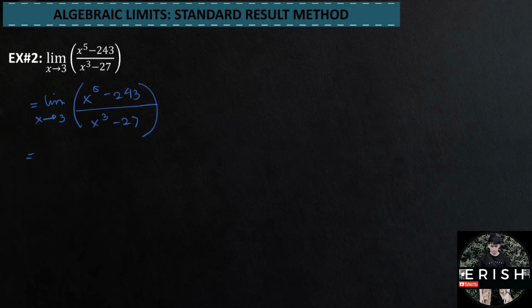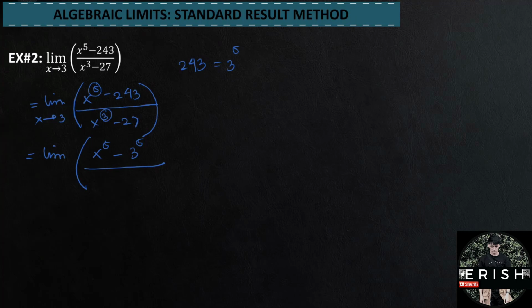So kailangan i-convert natin dun sa form ng standard result method para ma-apply natin yung formula niya. At yung 243 natin, para makamukha natin itong exponent na 5, this is equal to 3 raised to 5. Lalagay natin x raised to 5 minus 3 raised to 5. Ang problema, yung denominator natin, ang exponent niya ay 3. And we have negative 27 here, so magkaiba.